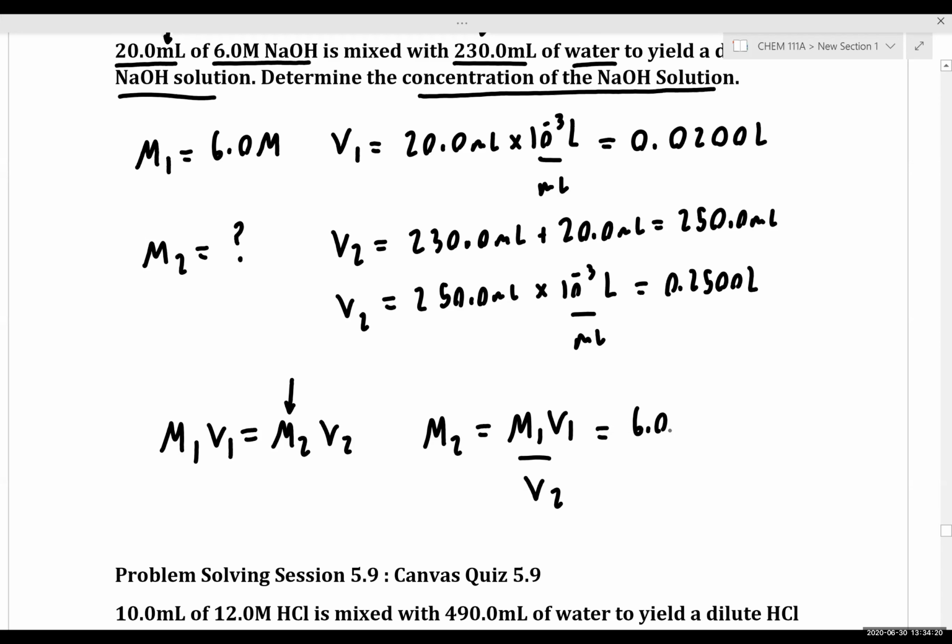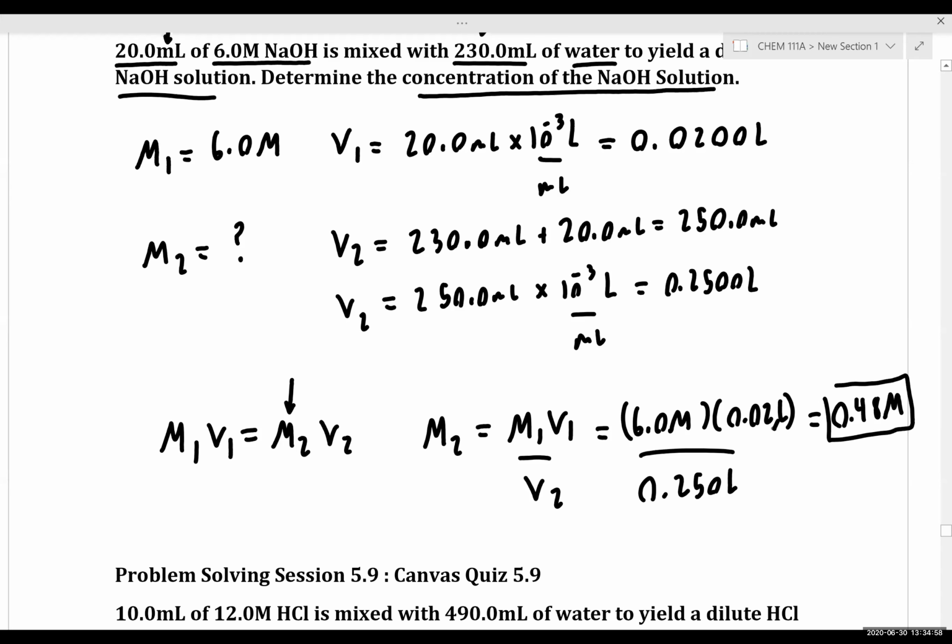So we have 6.0 molar times 0.02 liters over 0.250 liters, and once we punch 6 times 0.02 over 0.250 into our calculator, that gives us a final molarity of 0.48 molar, noticing that the units of liters cancel.